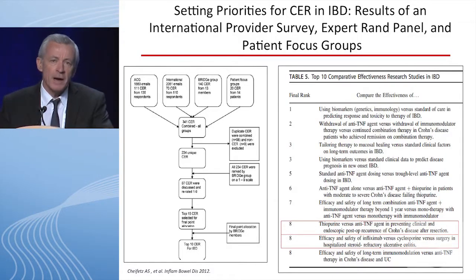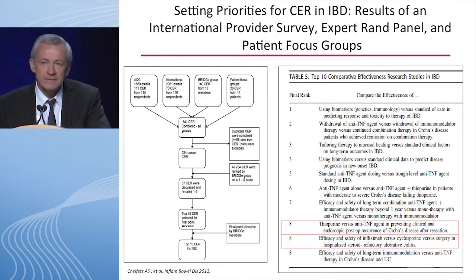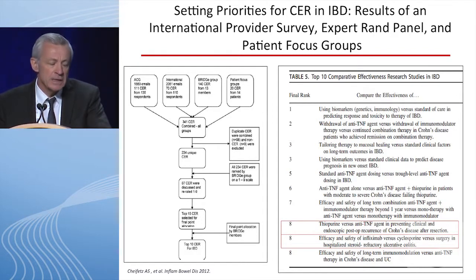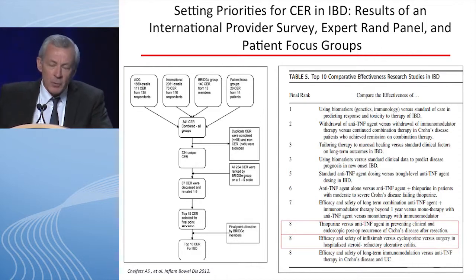So what are the priorities for comparative effectiveness in IBD? This is a very interesting study published in 2012 in the IBD journal, and it was the result of an international survey, expert round panel, and patient focus group. On the right-hand side you have the list of the top 10 questions that should be answered in the near future.